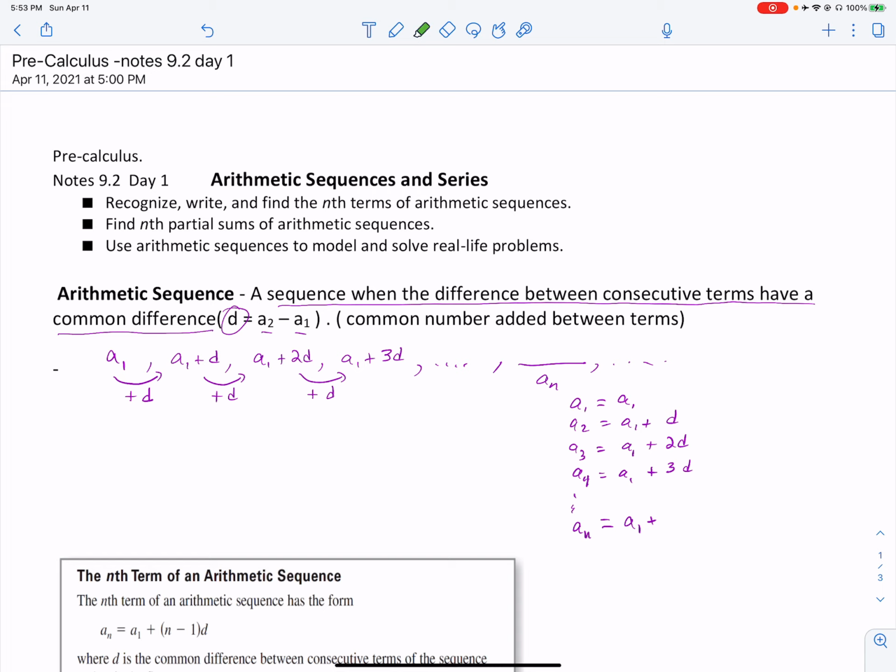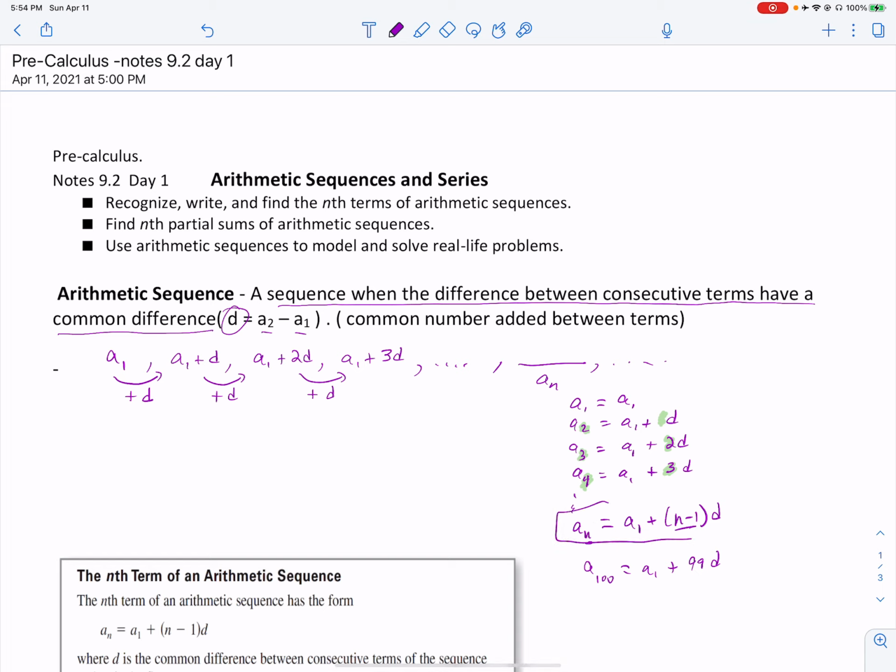Note that when this is the second term, you've added 1 common difference. When it's the third, you've added 2 common differences. The fourth term, you've added 3 common differences. And so you have added 1 less common difference than the term number. So in other words, if it's a sub 100, you have added 99 common differences. So this is 1 less than the term number. That's the number of common differences you've added.